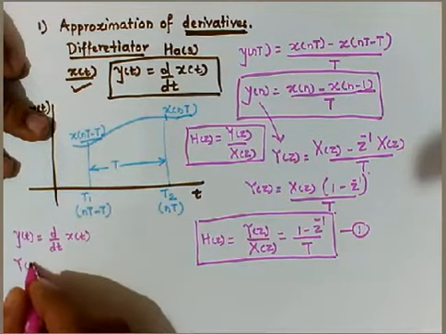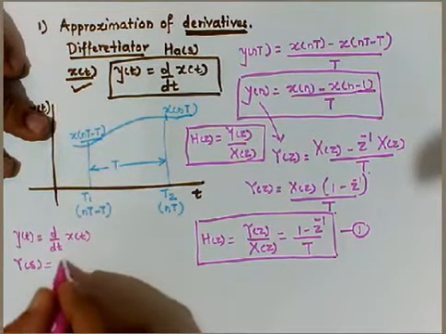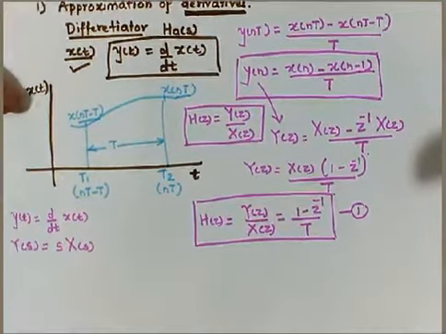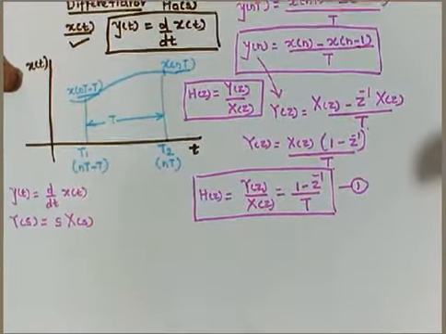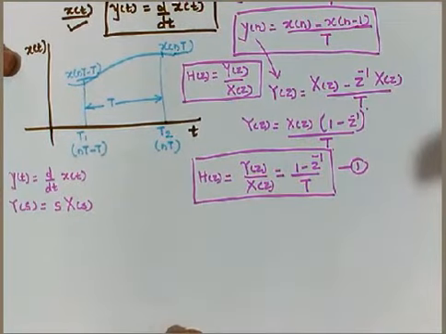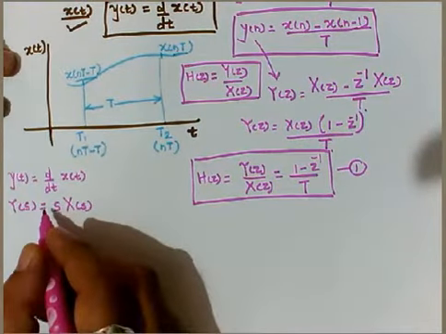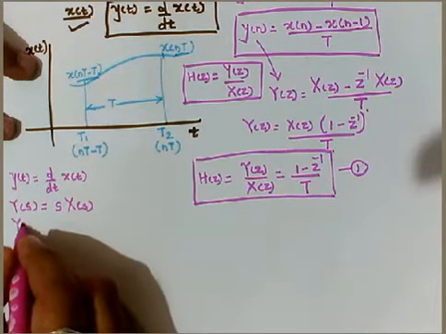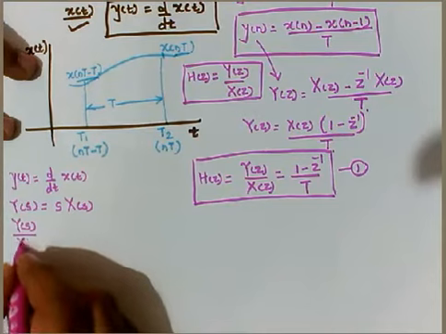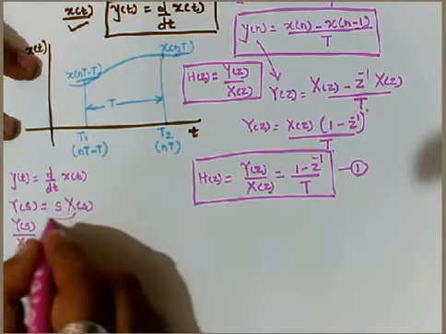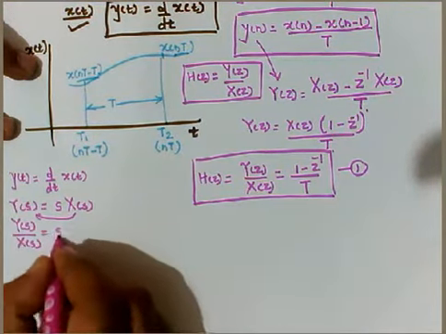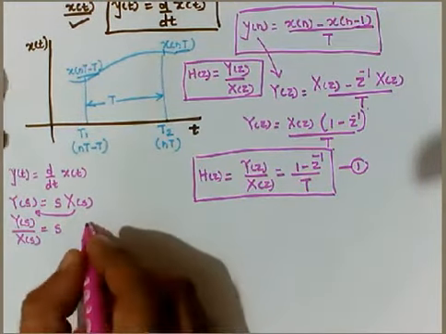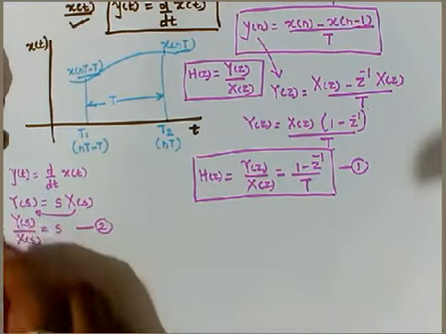So it becomes Y(s) is equal to s times X(s). Try to recall the terms related to the Laplace transform. Now this equation guides us: if I divide Y(s) by X(s), by rearranging the terms, it simply gives me the value of s. Let me call this equation number 2.